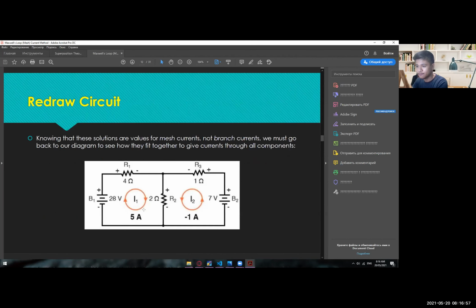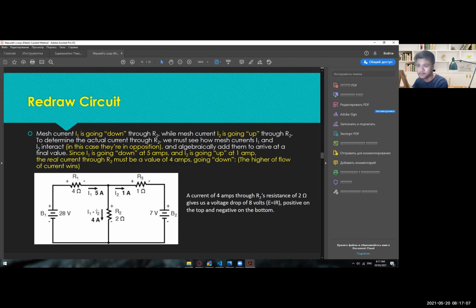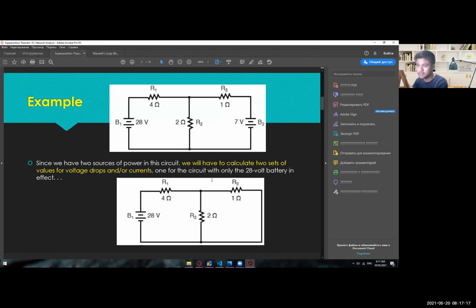We have 5 amps on this side and negative 1 amp, and if you combine them, where is the final? Right here. So 5 amps here, 1 amp here, and 4 amps here, and of course their individual voltage drops. We're going to prove that using superposition theorem.